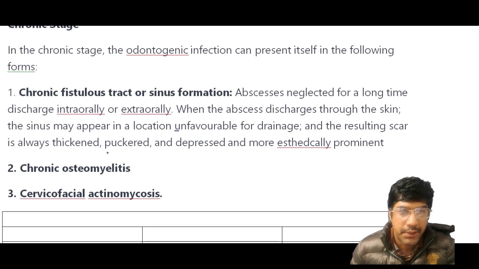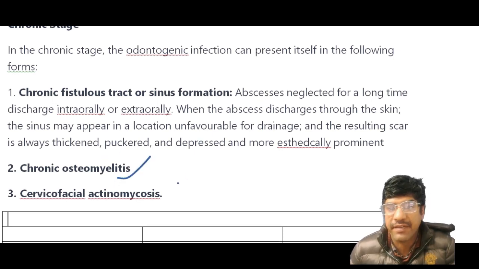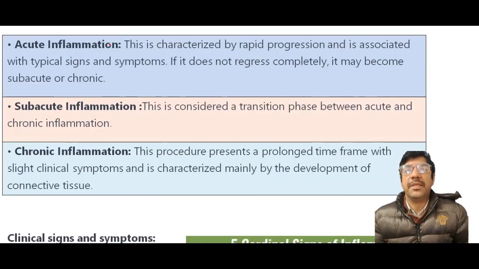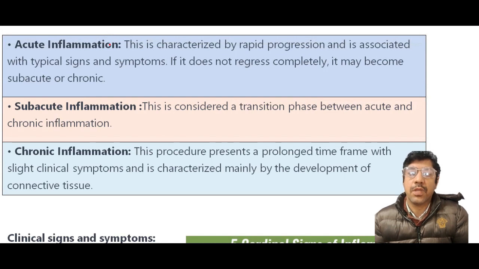Others are chronic osteomyelitis or cervicofacial actinomycosis. Now, inflammation is an acute biological response to harmful stimuli such as pathogens, damaged cells, or irritants. Now what are the types of inflammation that you should know?